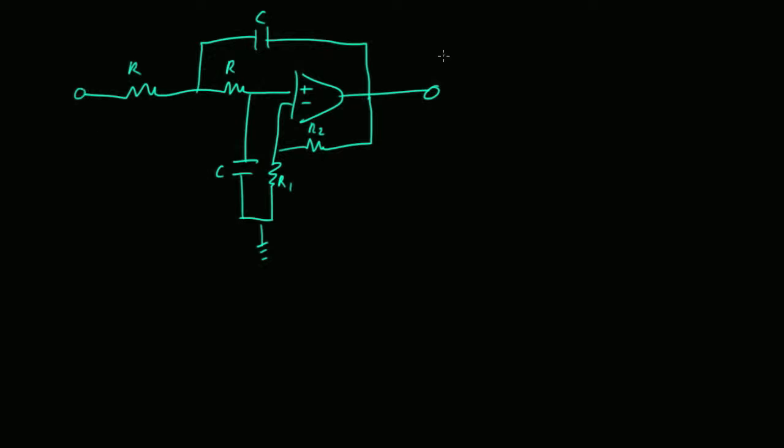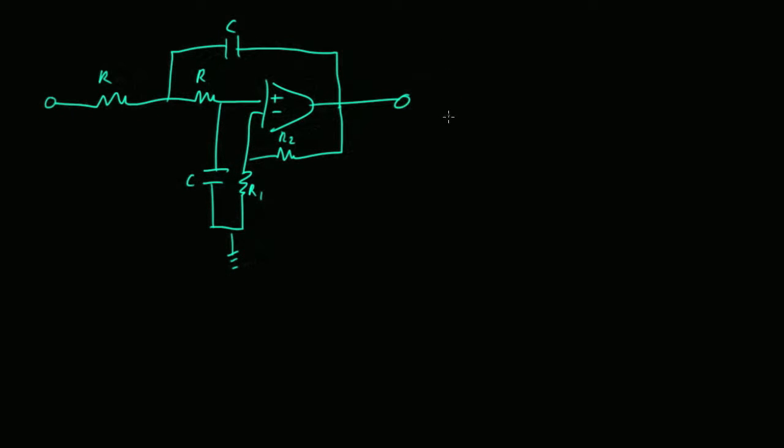If your gain is low, then you have a zeta of 1, the most damped you could have. And if your gain is 3, there's basically no damping.